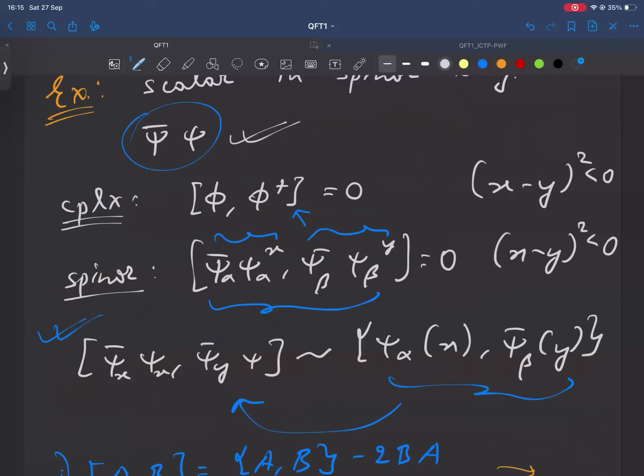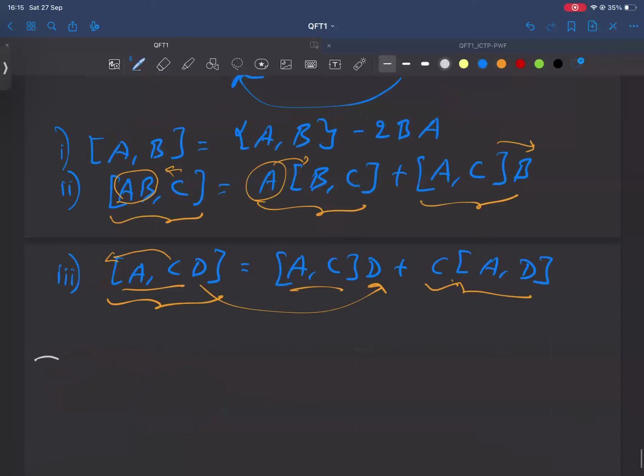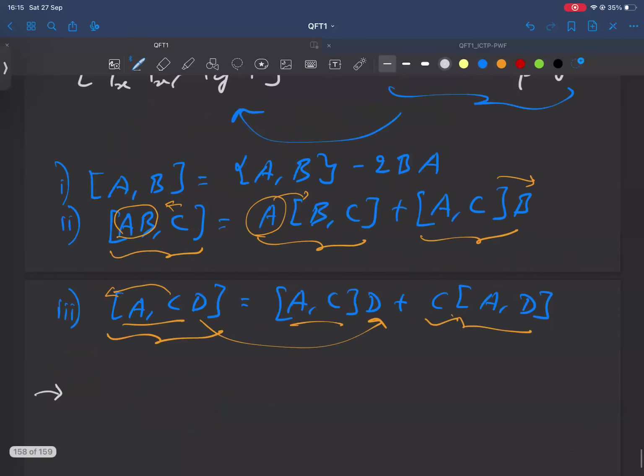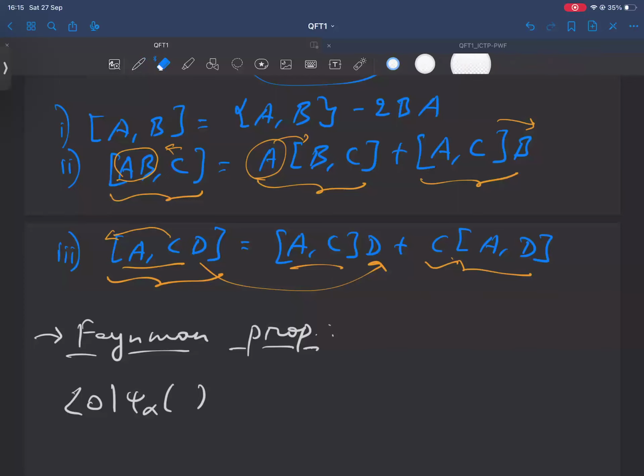Okay. Now, the final part of today's lecture is, let us discuss briefly what's the Feynman propagator and time ordering. Okay. So for that we need two different 2-point functions.